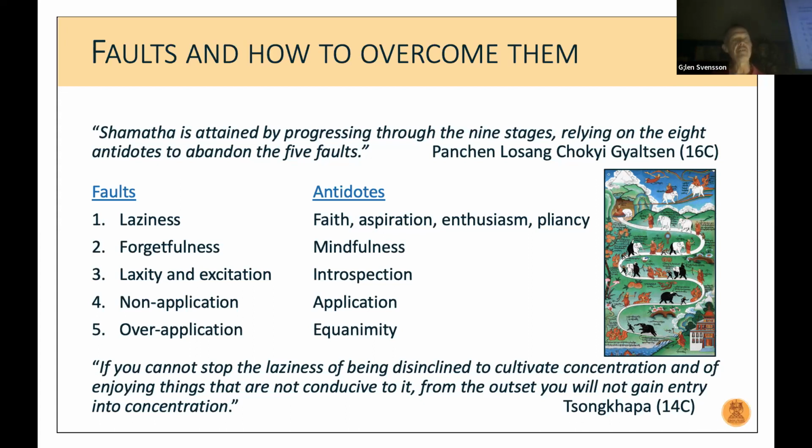The more faith we have in the practice, the more aspiration, the more we'll want to do the practice. And the more aspiration we have in the practice, the more enthusiasm and effort we'll put into the practice. The more effort we put into the practice, the more we'll gain the 4th antidote called pliancy.